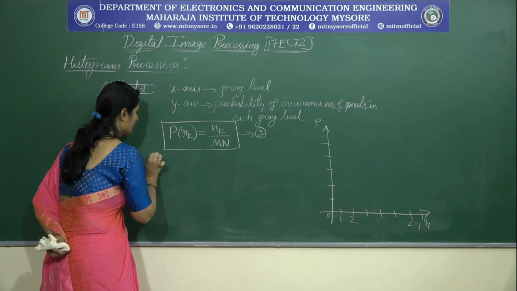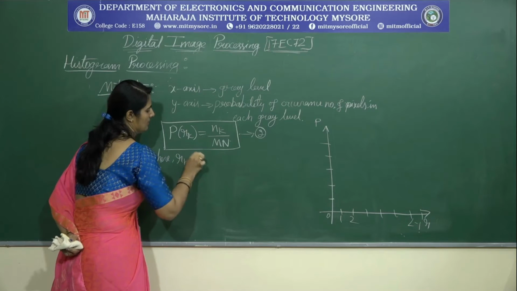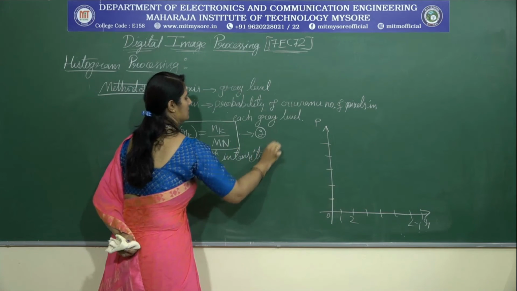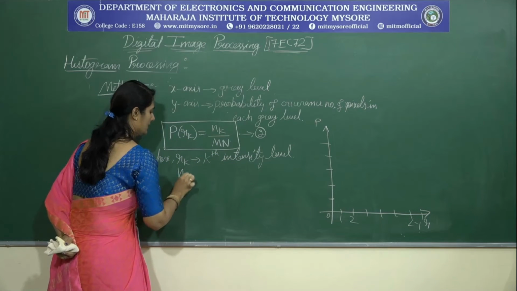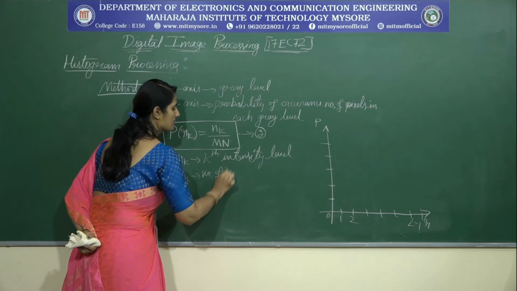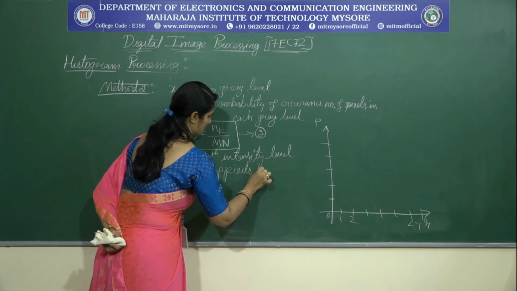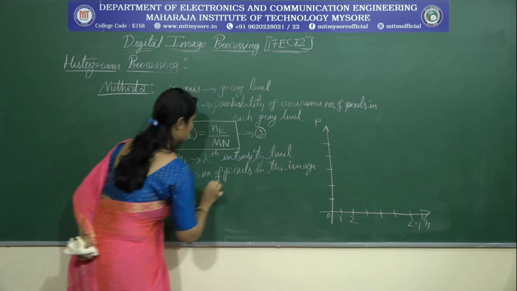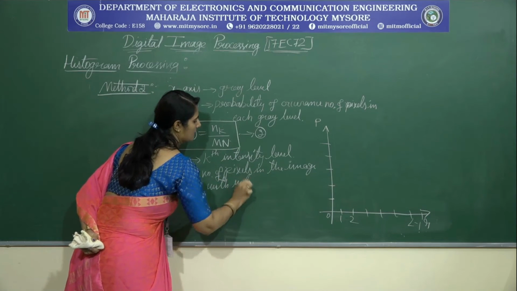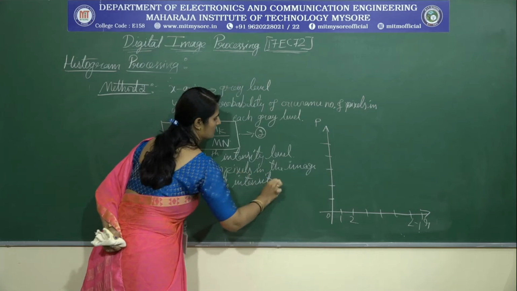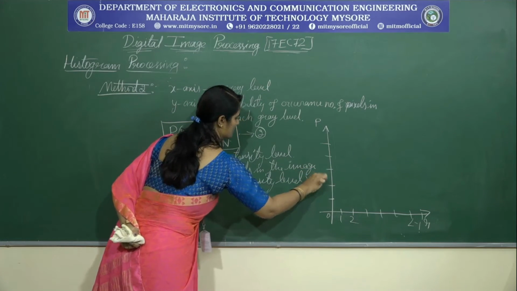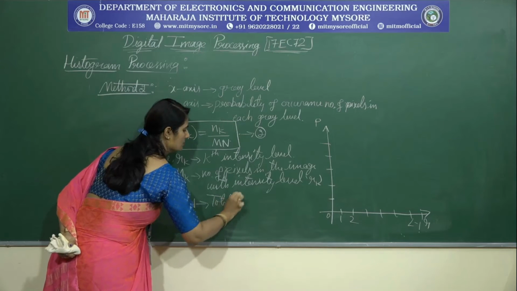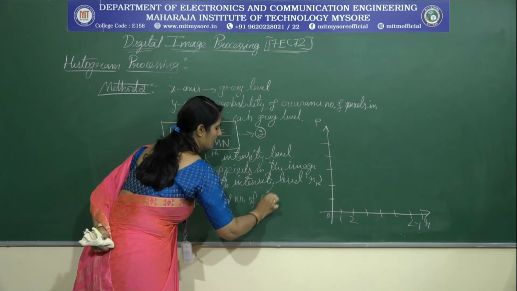Here Rk is the kth intensity level, Nk is the number of pixels in the image with intensity level Rk, and Mn is the total number of pixels in the image.